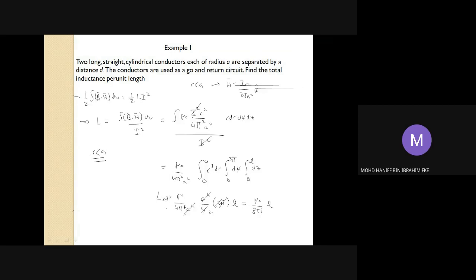To find the inductance per unit length, L internal divided by the length equals mu naught over 8 pi, which is similar to what we obtained previously. So this is the method for calculating the inductance for the first case, the internal inductance.